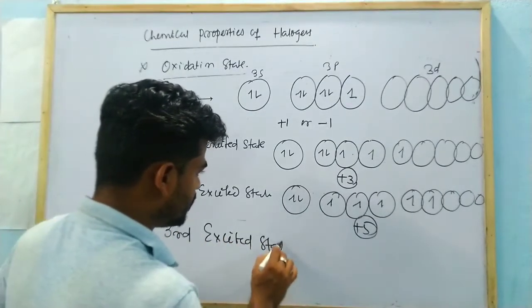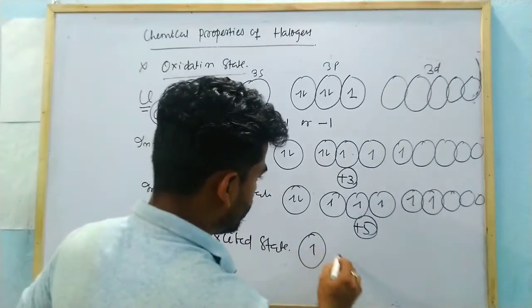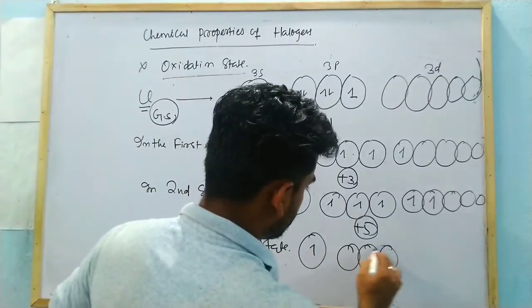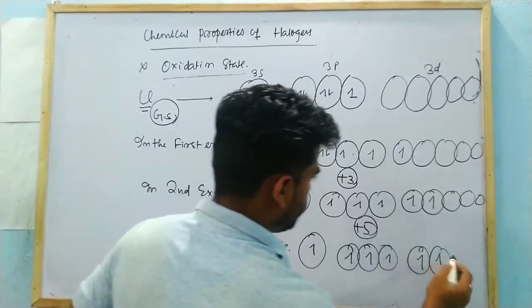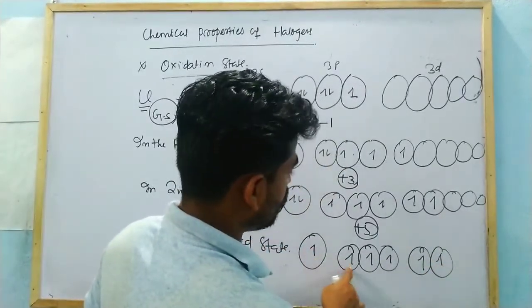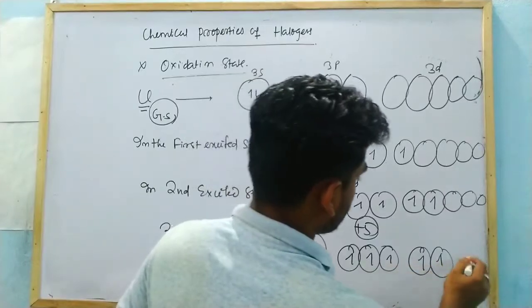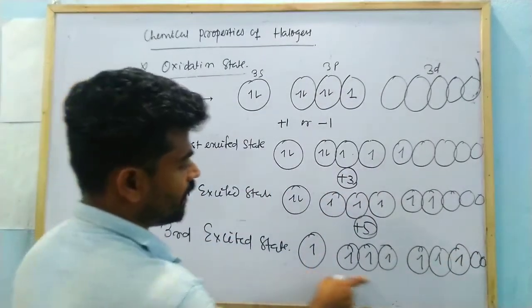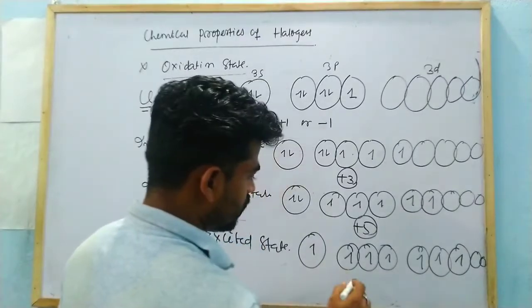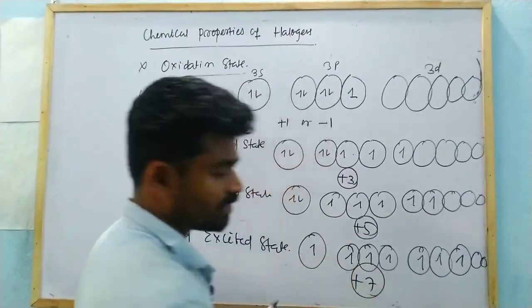How many unpaired electrons are there? 7. So here oxidation state is +7.